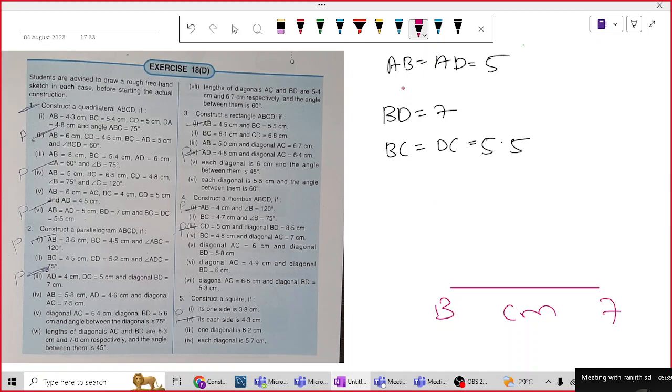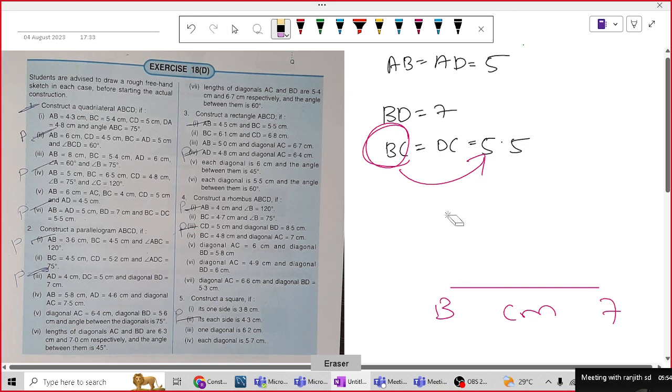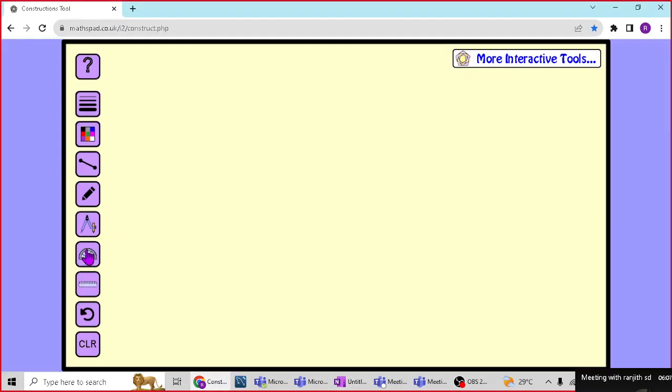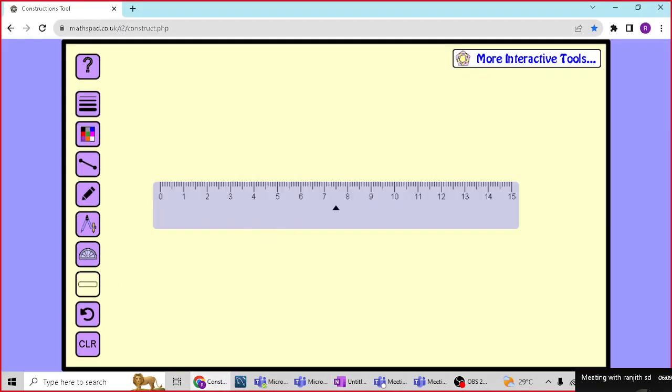Next, from B, what are the other values connected from B? BC, take BC, 5.5. From B, cut an arc of 5.5. Then start from D.